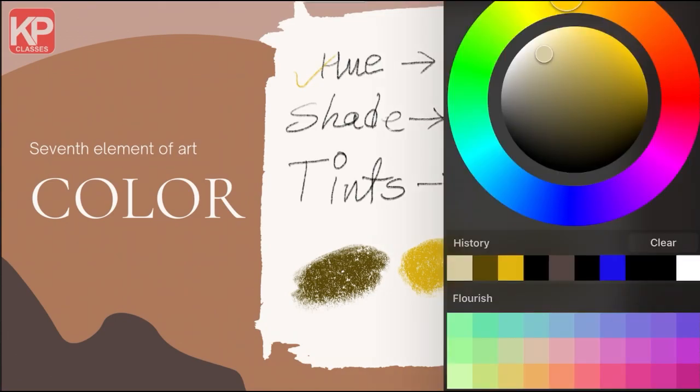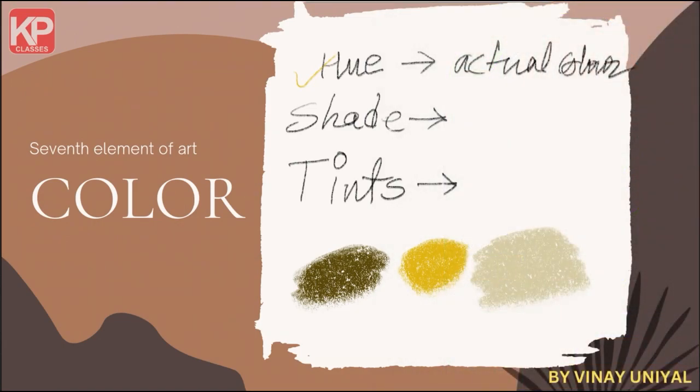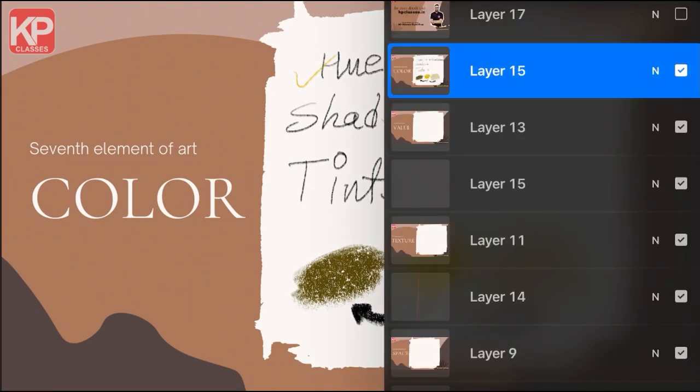In simple language, this is yellow color. Shade is always darker than the actual color, and tint is always lighter. So we have shades and tints for every color, right? It is also very simple to understand. You will understand more in a practical manner when you apply some colors in your artwork. Okay, fine.